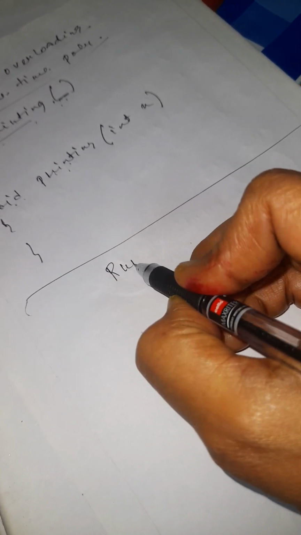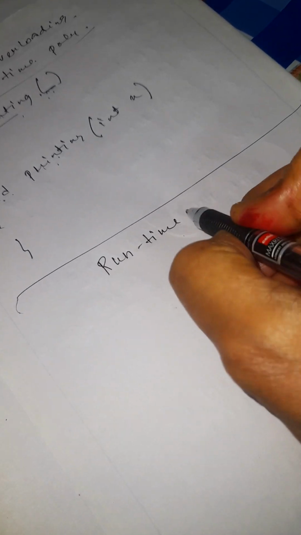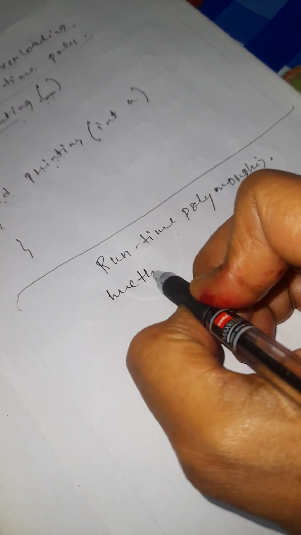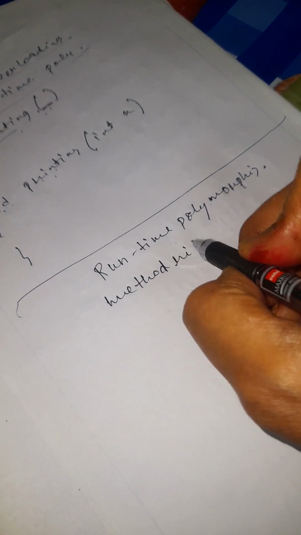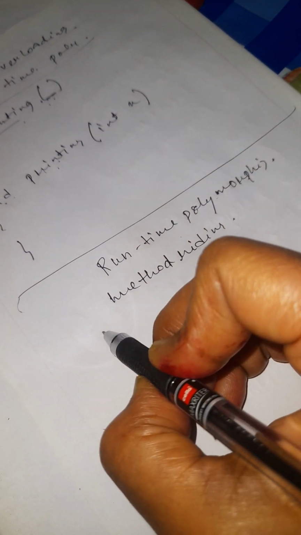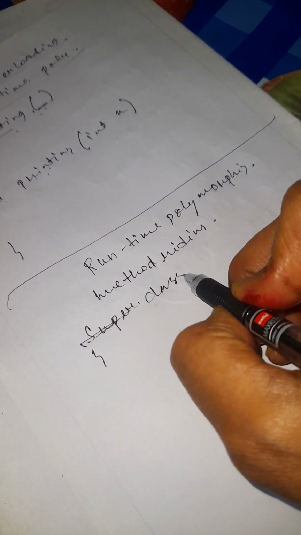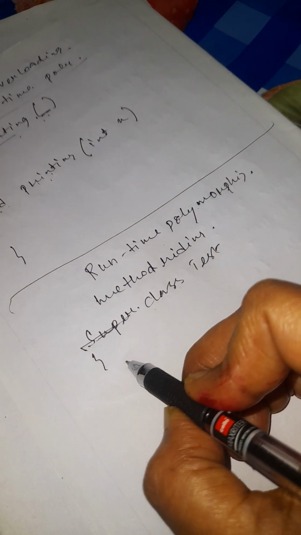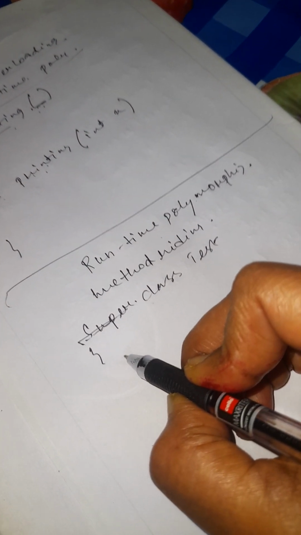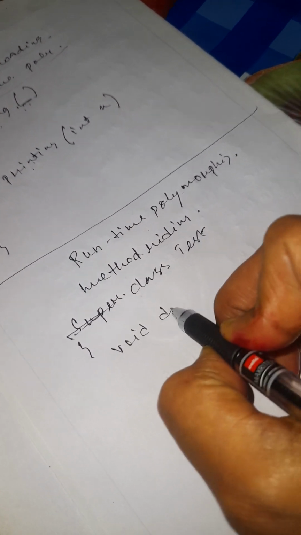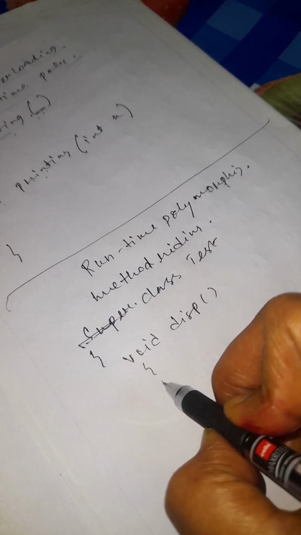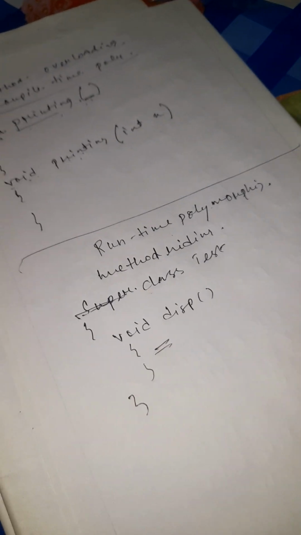And the next one is runtime polymorphism, also known as method overriding. Method overriding is implemented within inheritance. Maybe you have one superclass, maybe class Test. In it you have one method, void display.